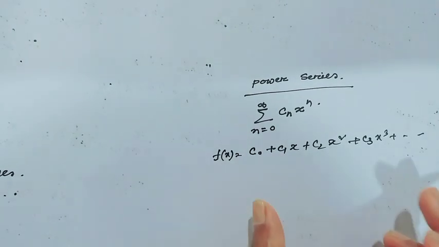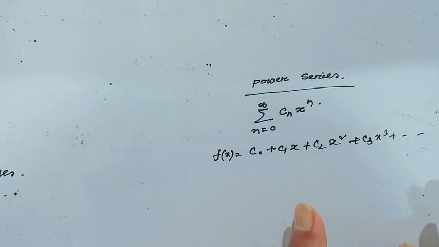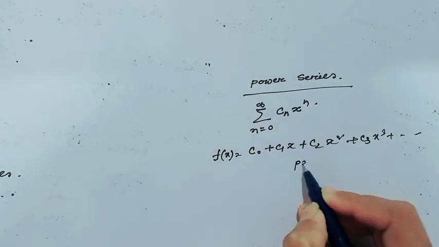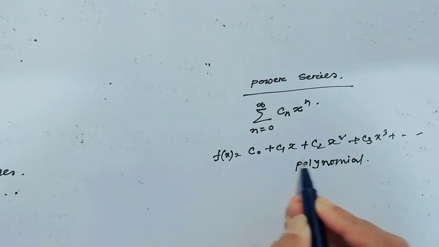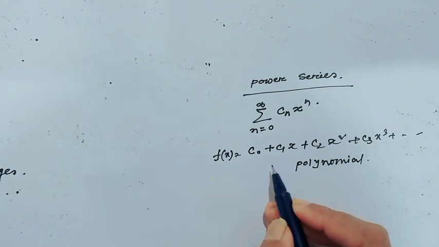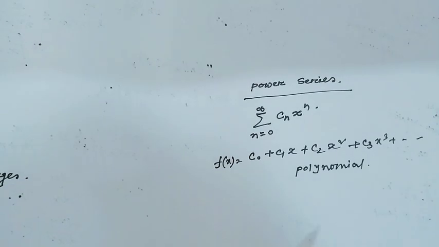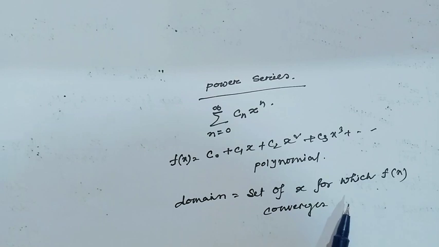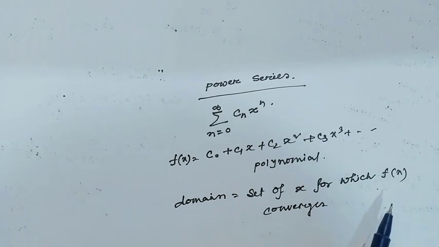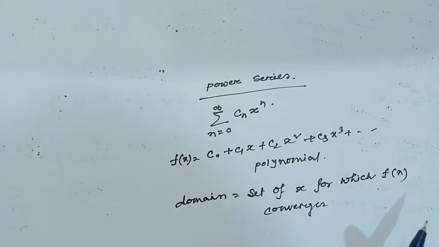That means a power series represents a function, and it looks like a polynomial, where C0, C1, C2 are the coefficients of this polynomial. And here the domain of the power series is the set of those x for which the series converges.